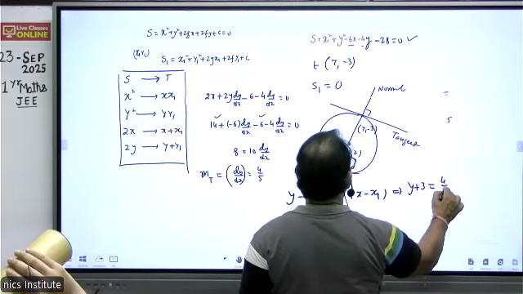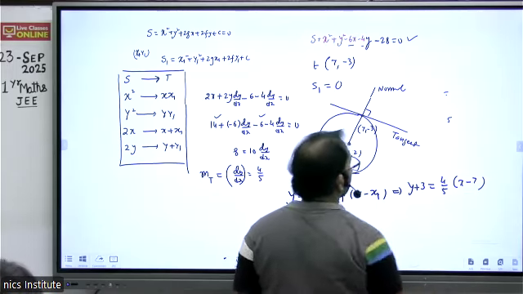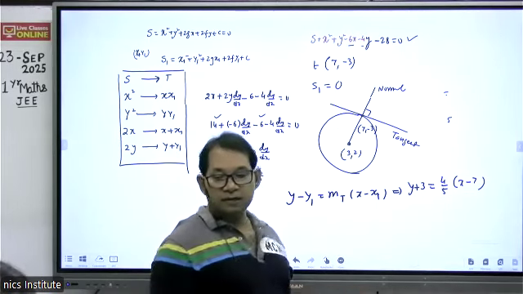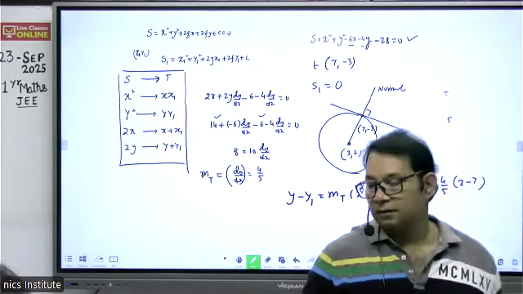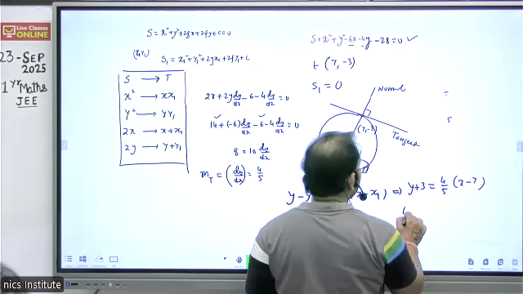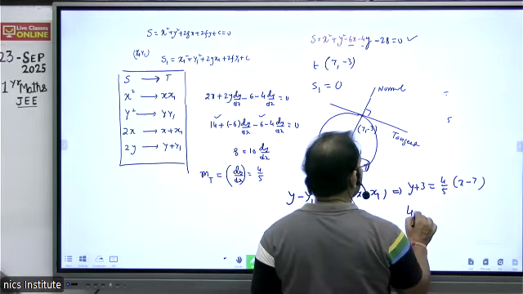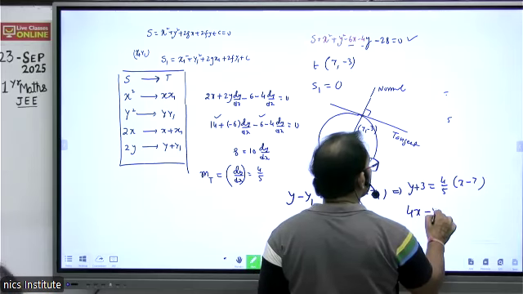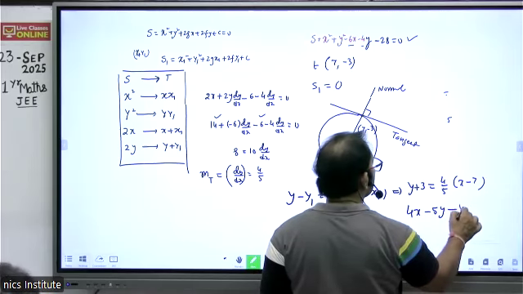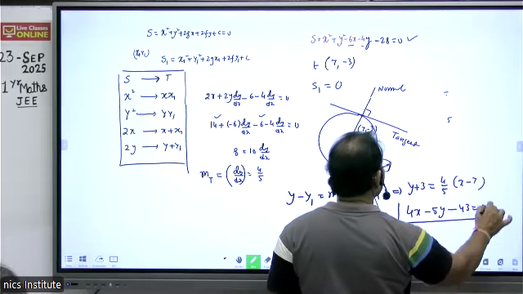Slope of tangent is 4/5 x minus 7. ये आ गया. उसको +3 किया था ना, साइन चेंज नहीं किया. हाँ, ठीक है. So equation of tangent is coming out to be 4x minus 5y plus 43. ये tangent की इक्वेशन आ गई.